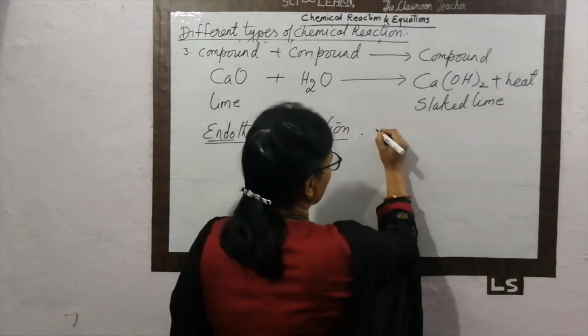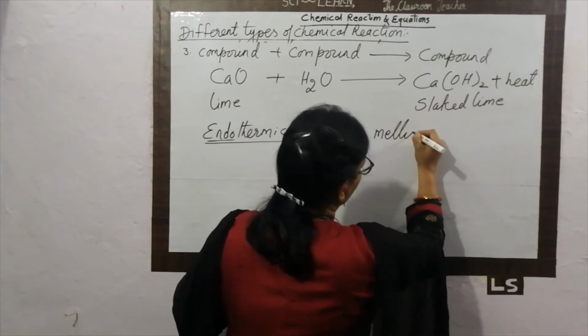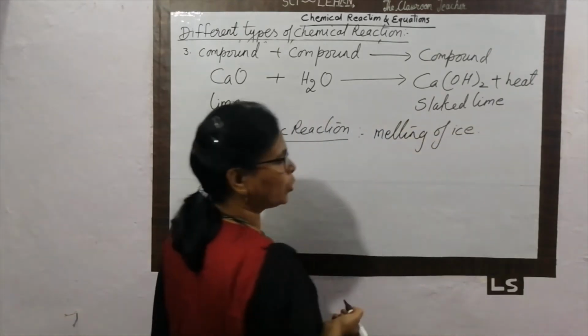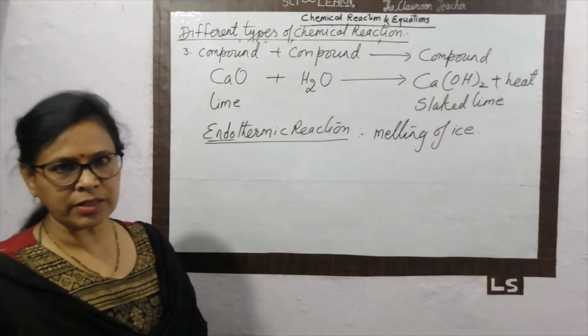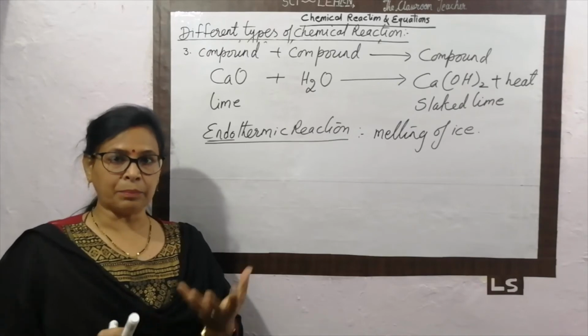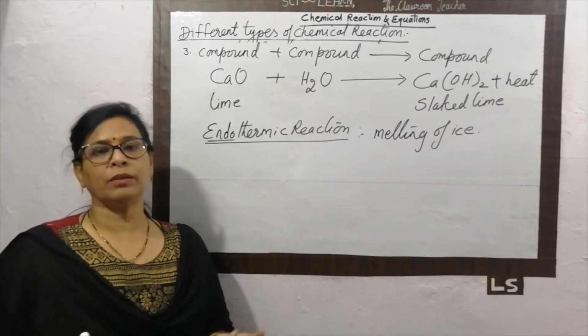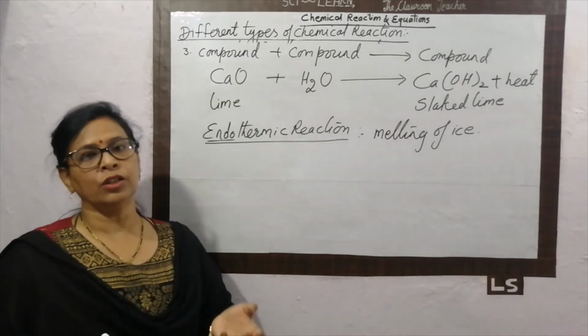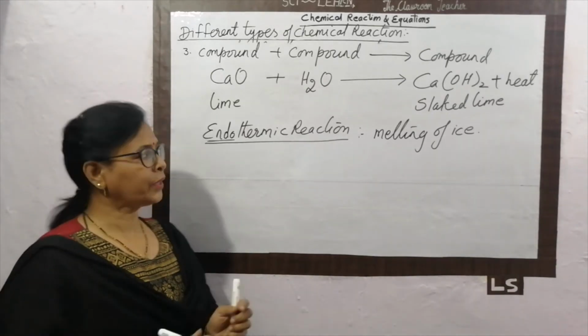A very common example is the melting of ice. When you take ice out of a freezer, it starts melting because the ice absorbs the heat of the atmosphere to melt. So for melting of ice, heat is needed. That process is called an endothermic reaction.